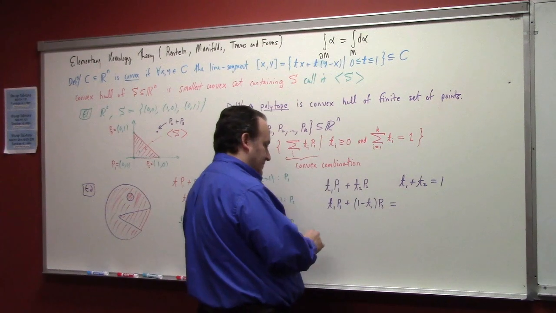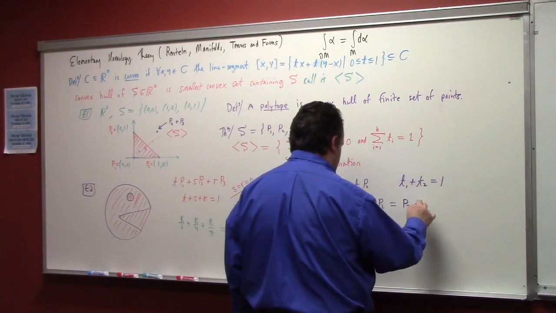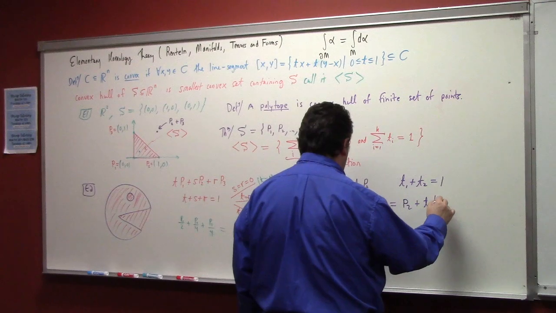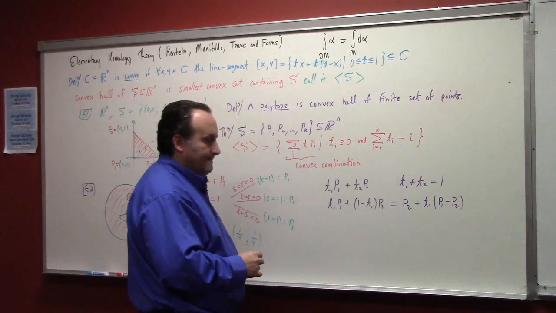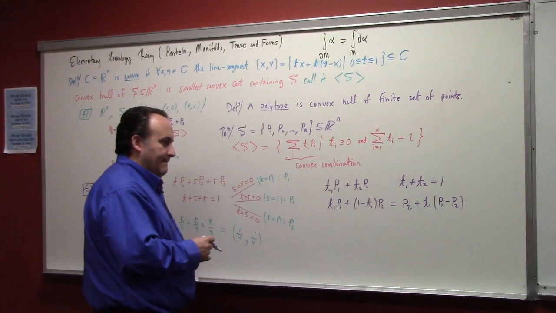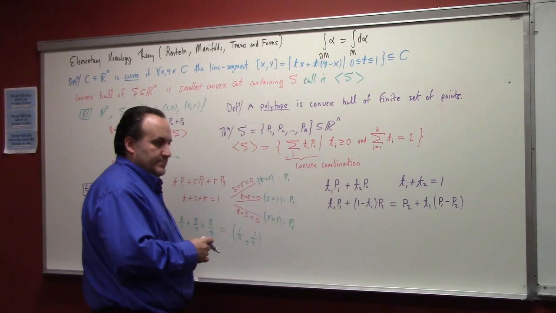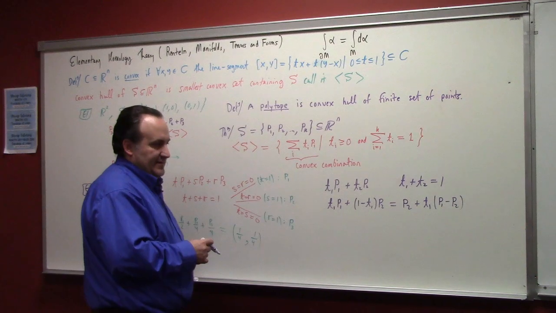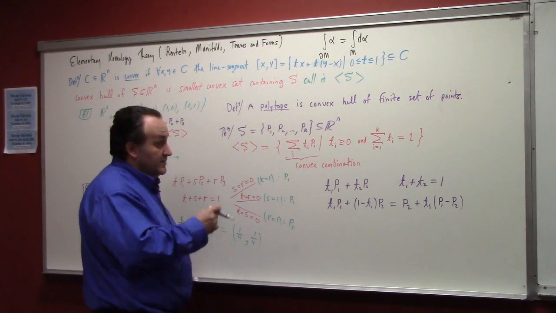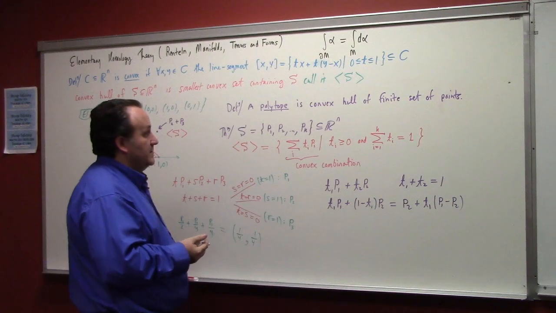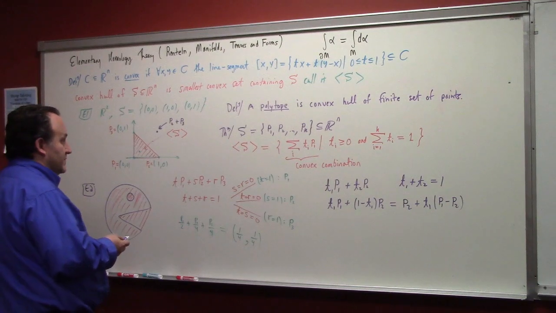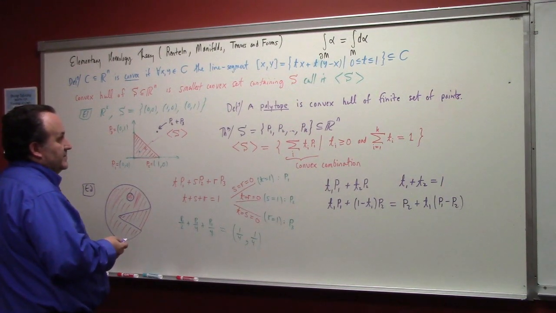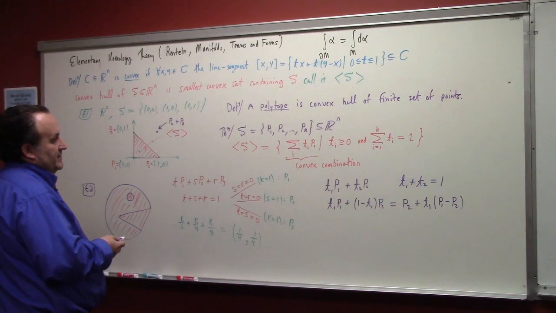And then that is P2 plus T1 times (P1 minus P2). So as T1 ranges from 0 to 1, we obtain the line segment from P1 to P2, which is convex.